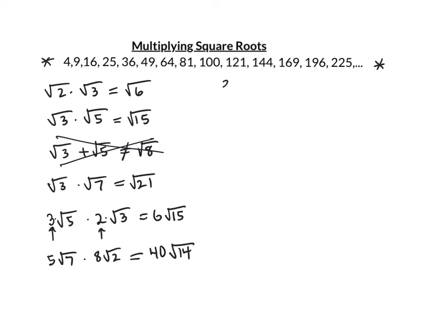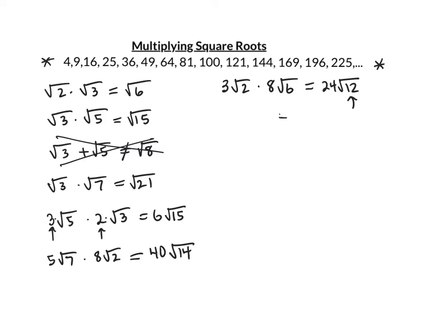For example, if I said 3 root 2 times 8 root 6, when I multiply that, I get 24 root 12. But 12 has a perfect square that divides evenly into it. In fact, it's the first one on the list. It's the 4.